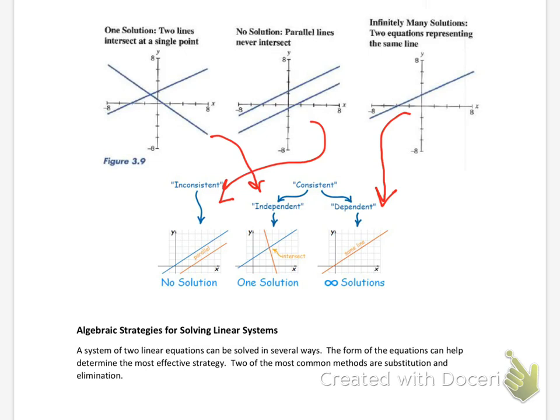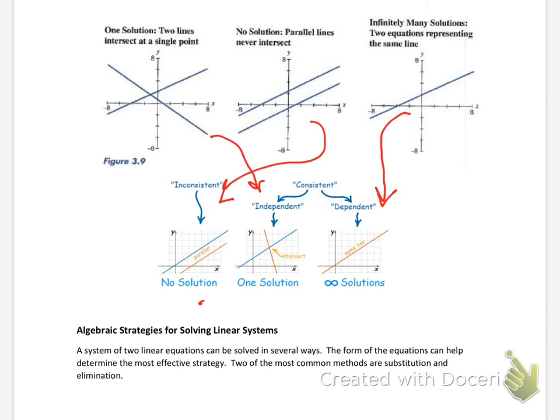So consistent but independent is where you have one solution and the two lines thereby intersect at one point. That's consistent and independent. Inconsistent is the parallel lines, and consistent but dependent is the one line on top of the other.